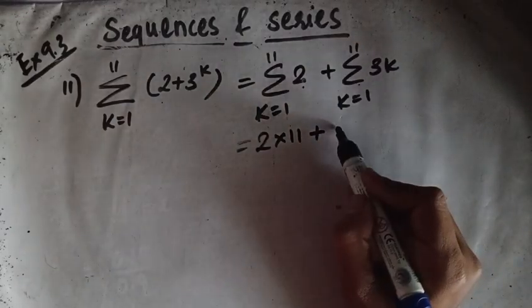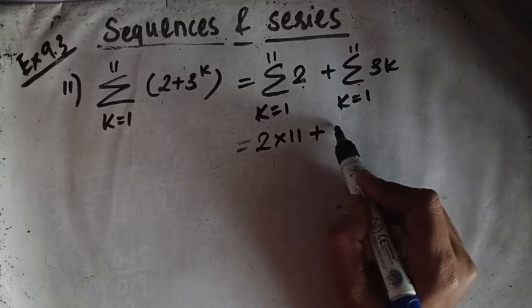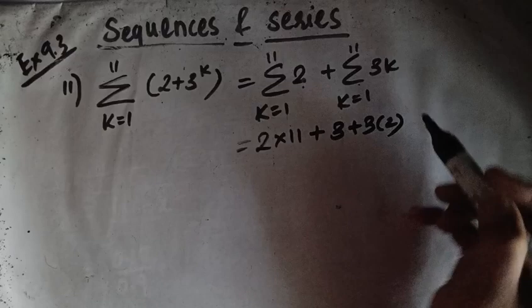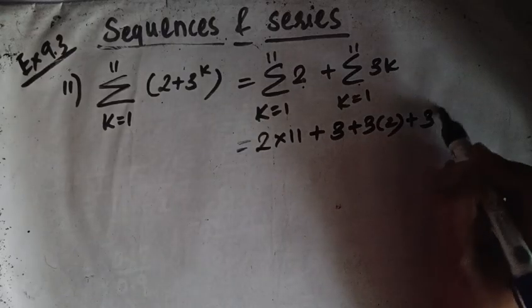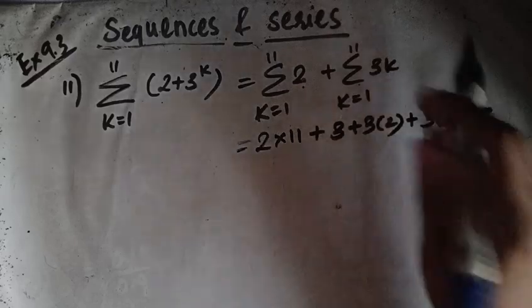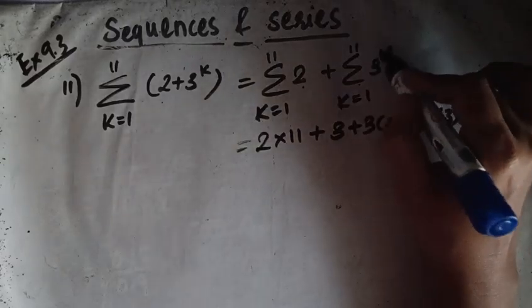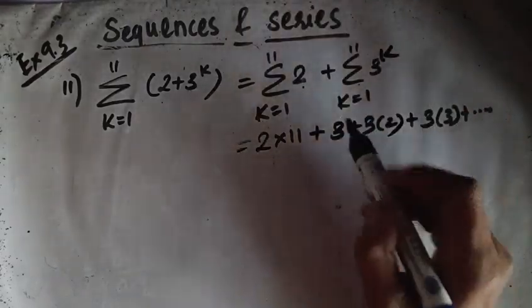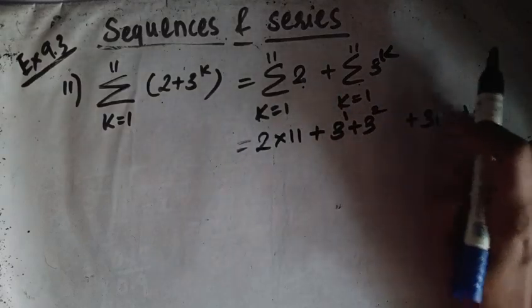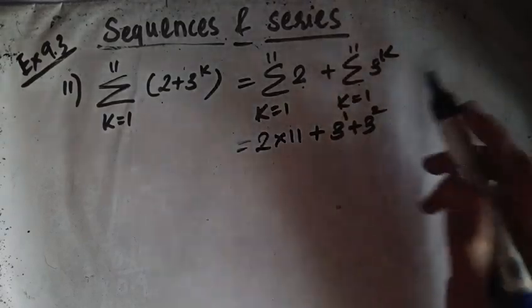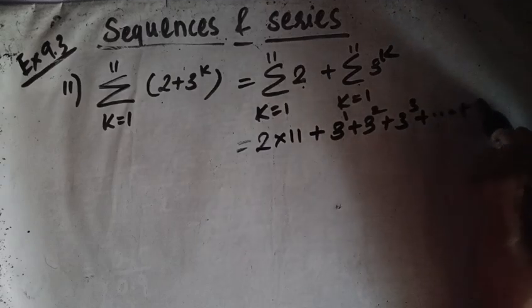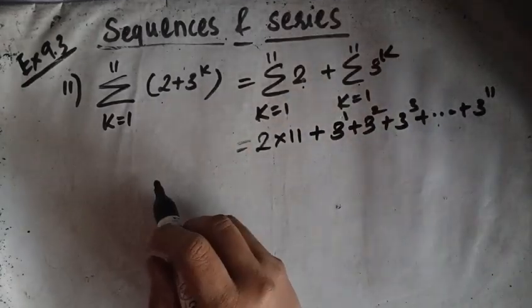And this is 3 into 1, 3 into 2, 3 into 3 plus dot dot dot. This is 3 raised to k, 3 cube plus dot dot dot 3 raised to 11.